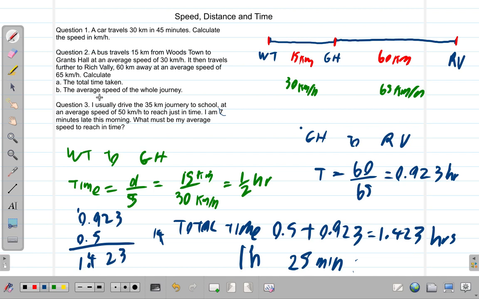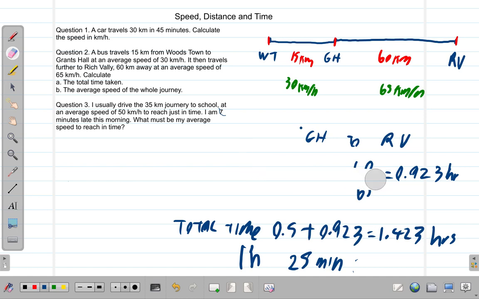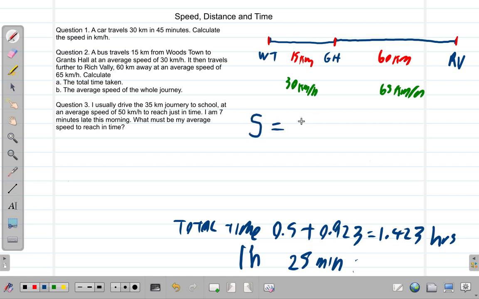Now, the other part of the question says, what's the average speed of the whole journey? Let's erase some parts of this. And we find the average speed of the entire journey. Okay, good. Now, the average speed, let's call it S, is the distance divided by time.